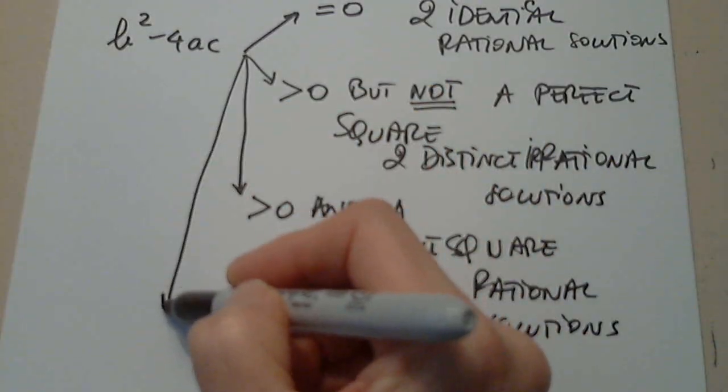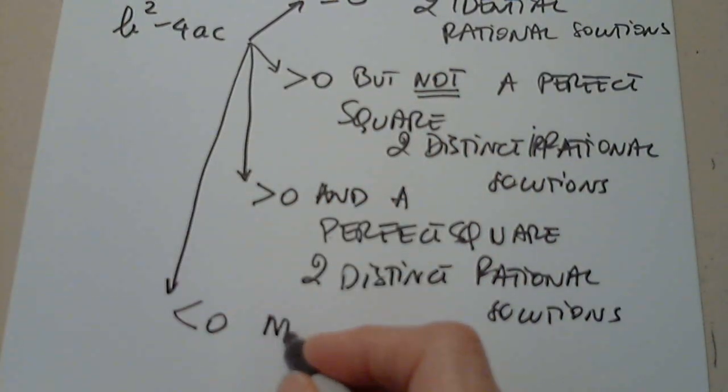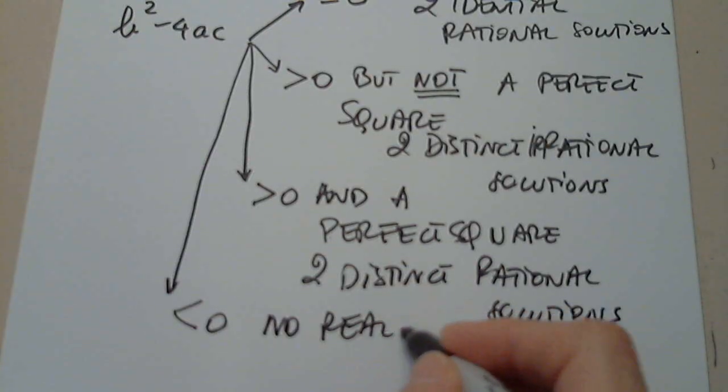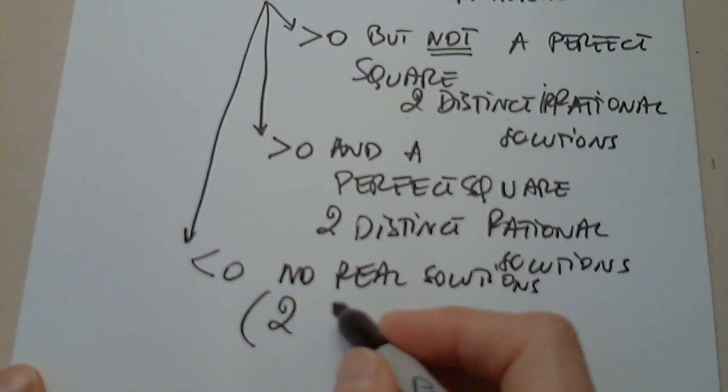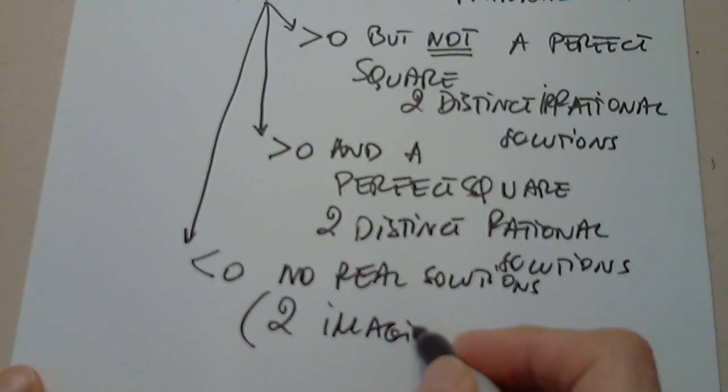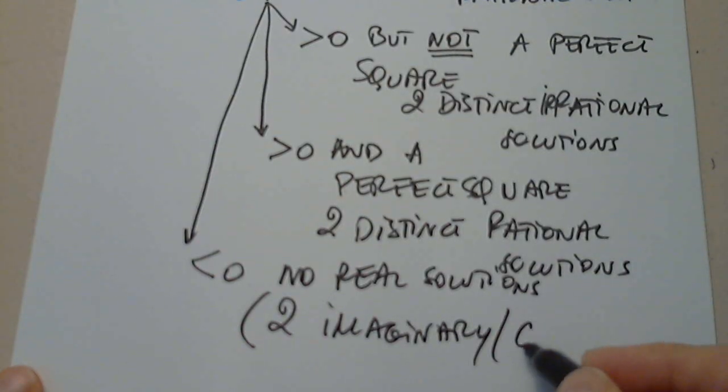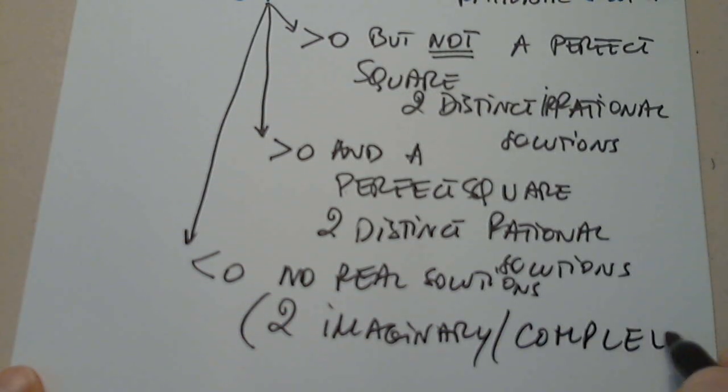And if the discriminant is less than 0, no real solutions. We can say two imaginary or complex solutions.